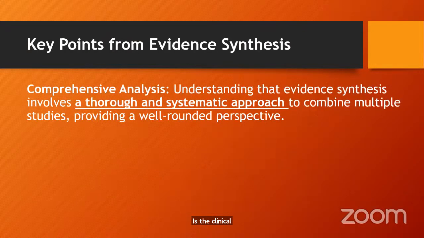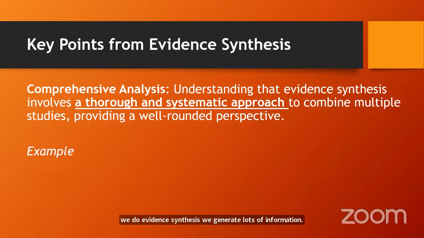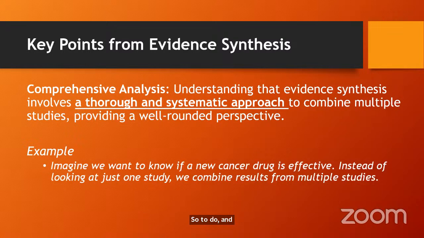So the main key point from evidence synthesis is the comprehensive analysis. Once we do evidence synthesis, we generate lots of information through a systematic approach. Imagine, I will start with an example.